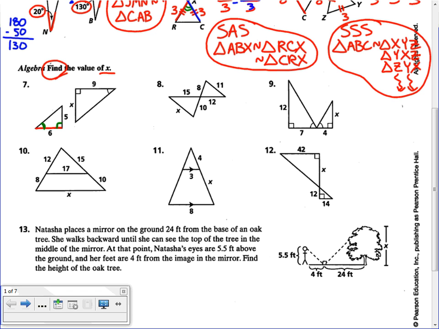If I find the side that corresponds to that side, that would be 9 in the other triangle, and there's the box and there's the swoop. So they're not congruent, otherwise those would have the same value. So I don't need to use any congruent methods here. So now I'm wondering if they are similar.